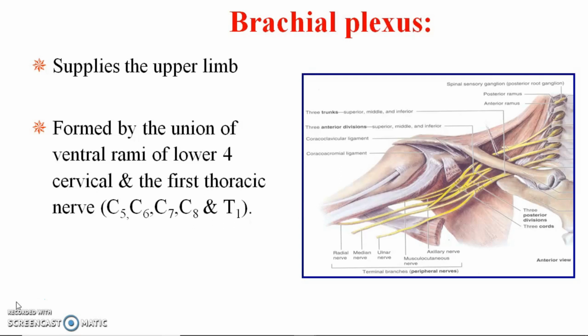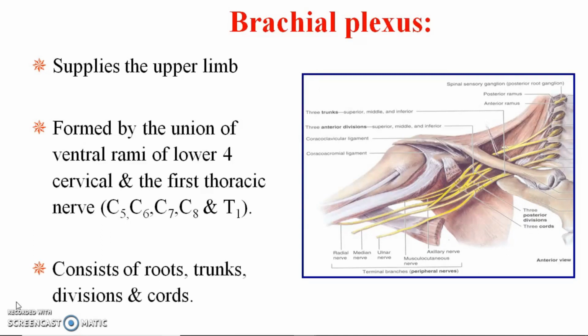So we will be having C5, C6, C7 and C8 nerve roots along with the T1 nerve root going to form this brachial plexus, and it consists of roots, trunks, divisions and cords in its course. We are going to deal with this in detail, with its branches also.